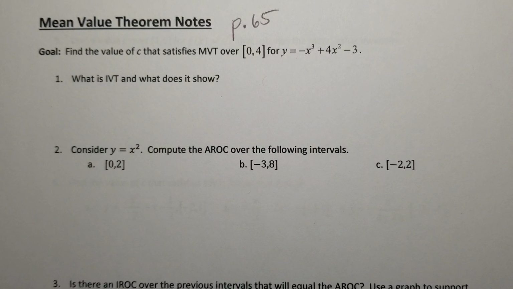What IVT showed us is that we would hit 8,623 meters at some point along the interval. And we had to reach a couple of requirements. First off, that the function was continuous. And then we had a certain way that we were going to write our answer to be 100% sure that we were guaranteed to hit 8,623 meters.